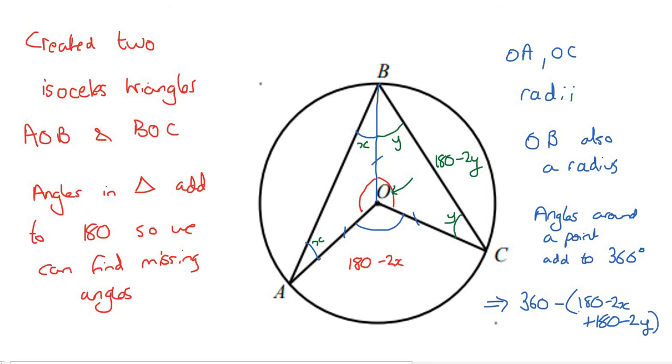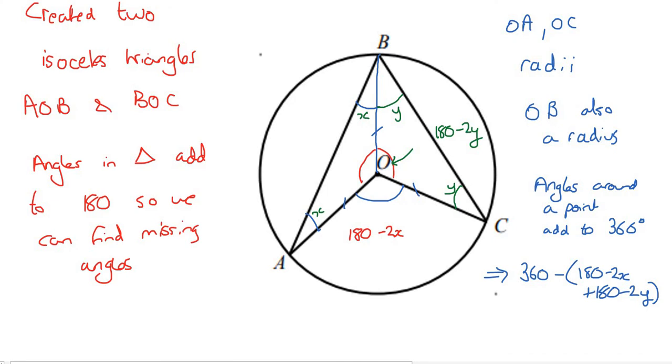We're just taking off the angles we know from 360, and so we're left with, well, 360 take away 360, we are left with 2x plus 2y. So this angle here is 2x plus 2y, and this angle up the top is x plus y.